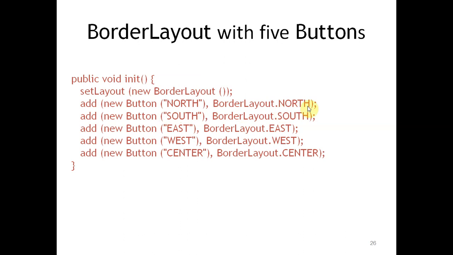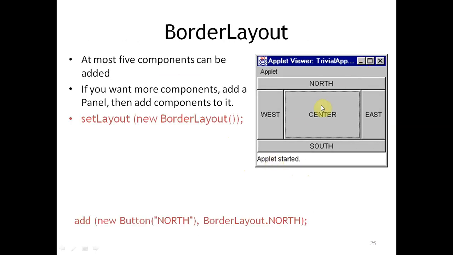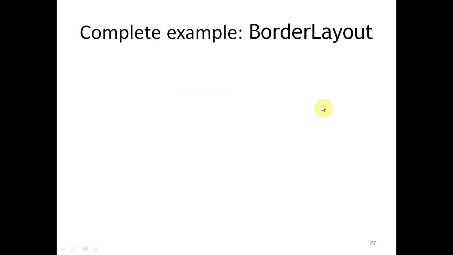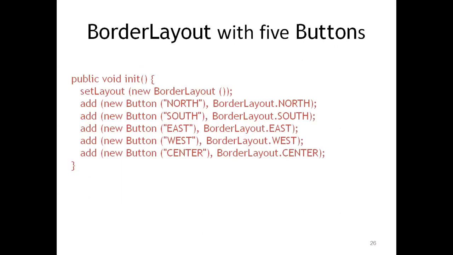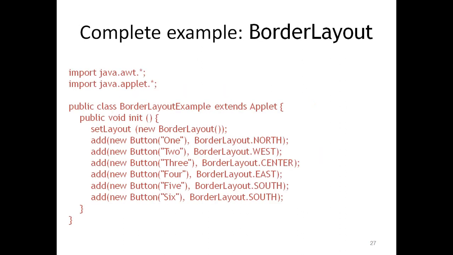So this button will be added on north, and this button will be added on south, border layout dot south. The east button, west button, and finally the center button, border layout dot center. This is the center button. So you can see this is how we can add the different buttons. So this is the complete example. The previous example is completed here because we had not mentioned the name of the class in the previous slide.